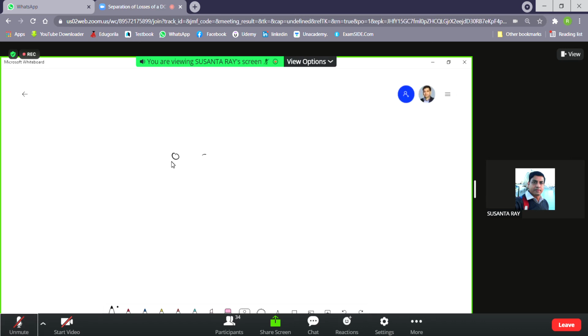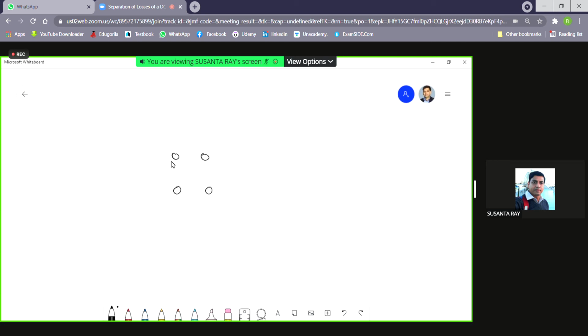Here we have the DPDT switch. Here we have the fuses like this. Then we have these connections. Internally these two terminals are already shorted, but between these two we don't have any shorting.